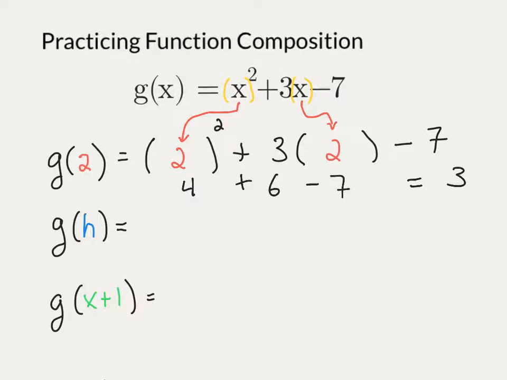My roadmap says take my input, square it, add 3 times my input, and then take away 7. Then I look at what my input is. It's h, so this would be h squared plus 3h minus 7. If I want to plug in h, this is what it would look like.